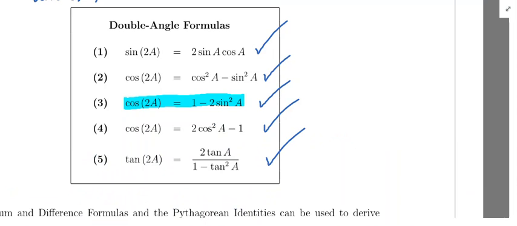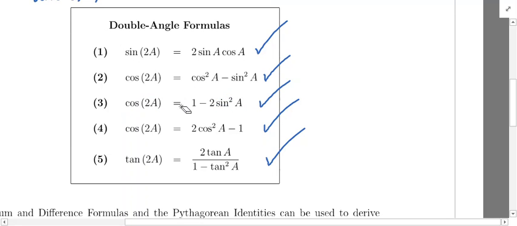Look at these equations and see if I can relate the cosine of 2 theta to the cosine of theta. Okay, it is possible. We can use this one right here. We could use number 3.